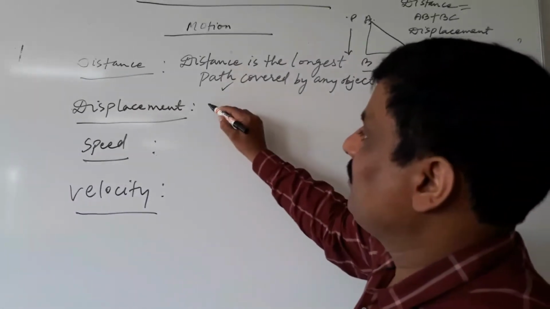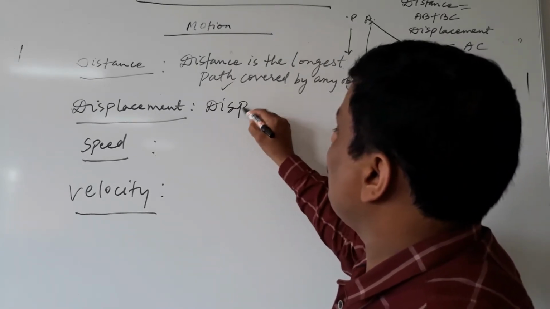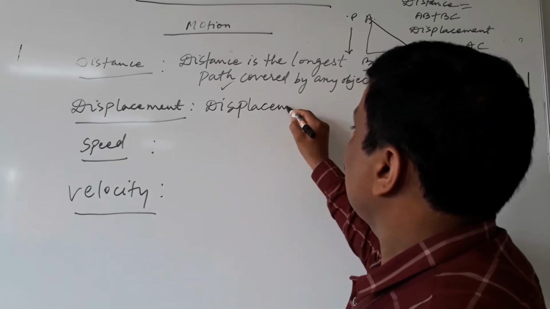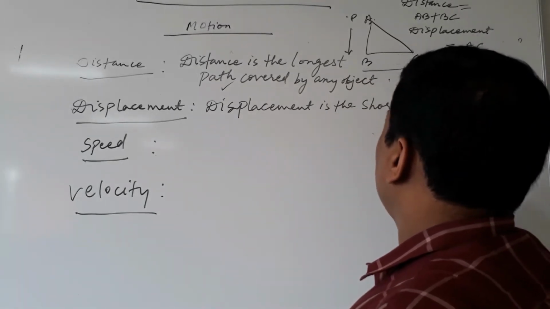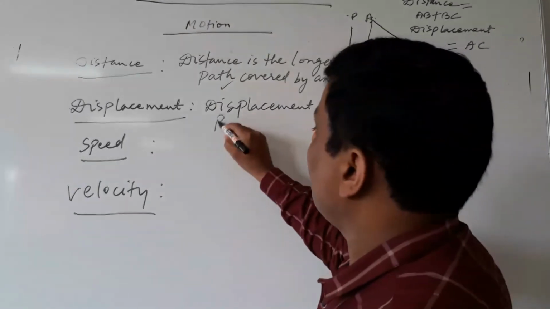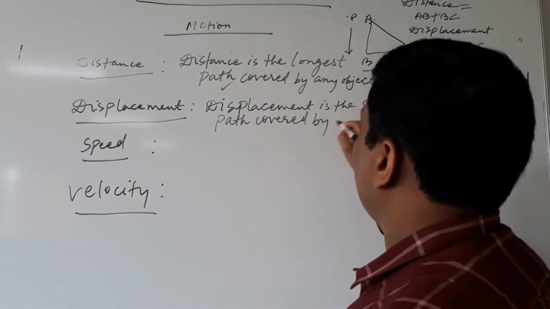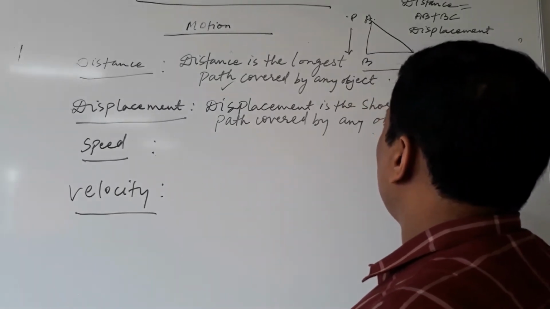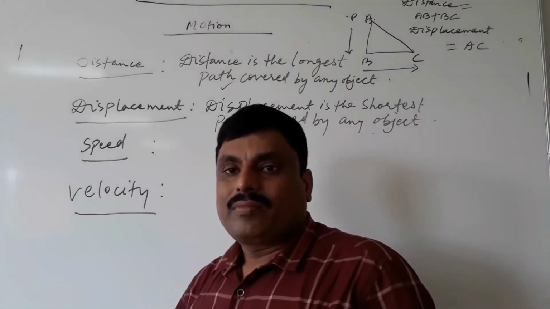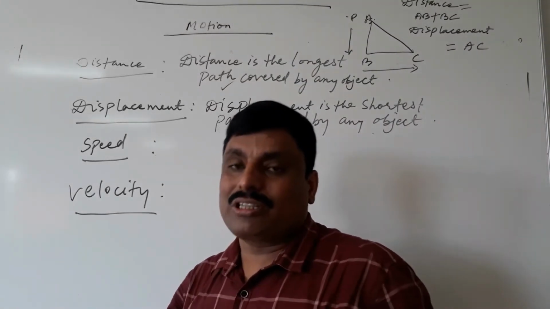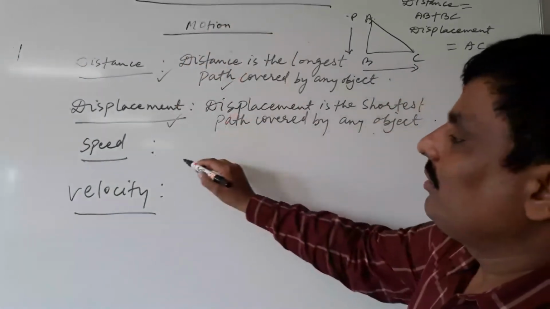Whereas displacement is the shortest path covered by any object. Any object when it covers the shortest path, this is called displacement. This is distance. Then what is speed?